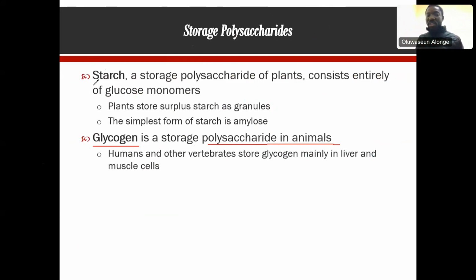Plants store glucose as starch. Again, you don't store glucose as starch because you don't produce food. All right. So plants store glucose as starch, and you see plants store surplus starch as granules. The simplest form of starch is amylose, which is what is digested by the enzyme amylase.